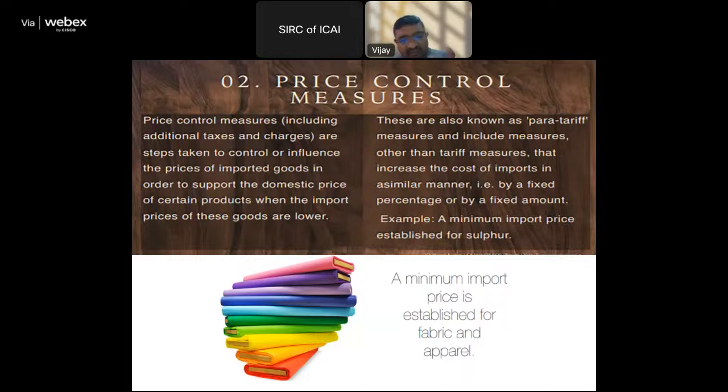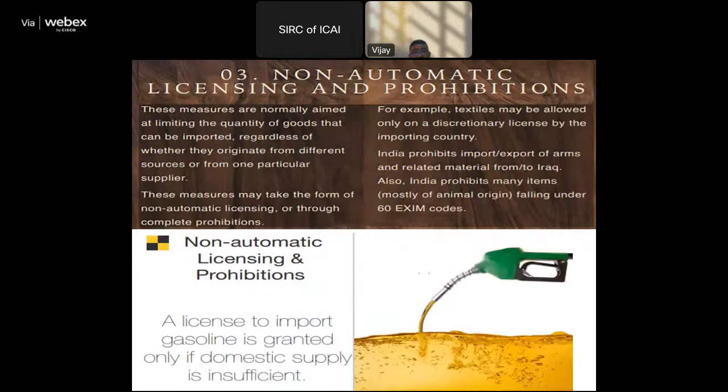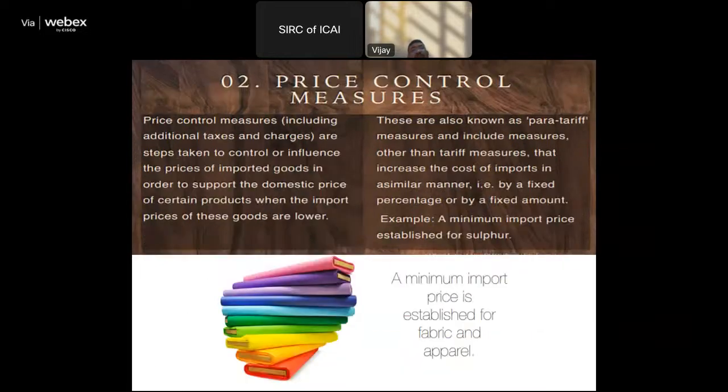The minimum import price will be established, because imported goods should not be priced less than domestic goods. That is what price control measures are. Because otherwise, domestic goods will not be sold in the nation. To avoid that, minimum price of import will be fixed.